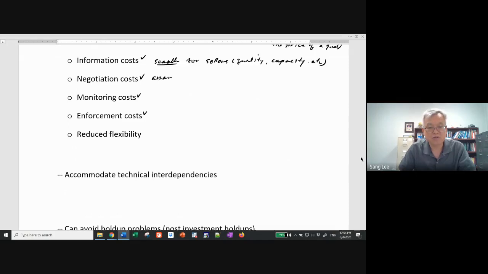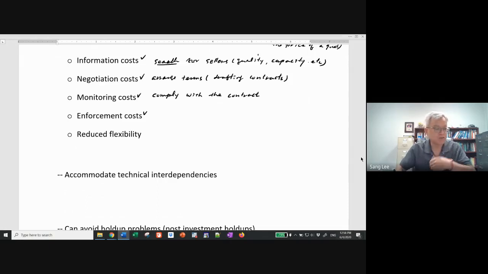Once you find a good supplier seller, then what? You have to arrange terms or drafting contracts. Okay, and the monitoring cost. Do they really comply with the contract? So that's a monitoring cost.